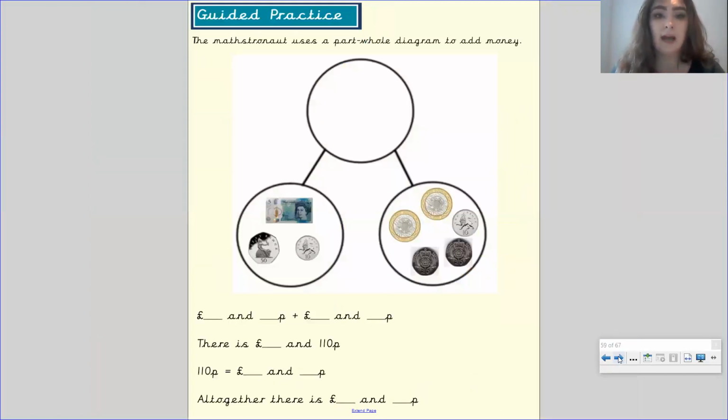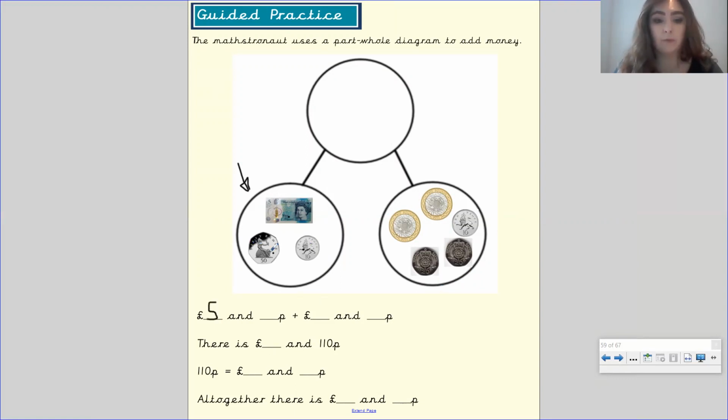Okay, so let's have a look at using this part-whole diagram, and we're going to be adding money. So what we're going to do first is have a look at how much money we have in this part, and then how much money we have in this part. So let's start off with this one here. We've got a £5 note, a 50 pence coin, and a 10 pence coin. So let's add all the pounds together first, and we can see it's a £5 note, so we've got £5.